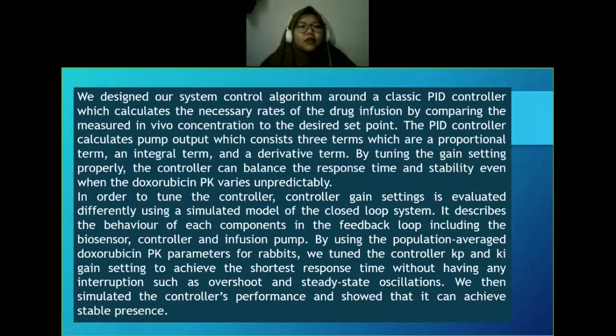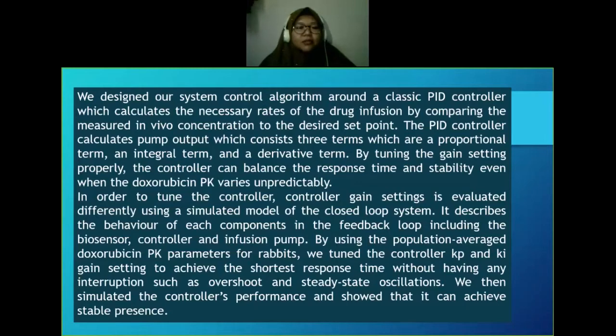So, we designed our system control algorithm around a classic PID controller, which calculates the necessary rate of drug infusion by comparing the measured in vivo concentration to the desired set point. The PID controller calculates the pump output, which consists of three terms: a proportional term, an integral term, and a derivative term. By tuning the gain settings properly, the controller can balance response time and stability even when the drug's PK varies unpredictably. To tune the controller gain settings, they are evaluated using a simulated model of the closed-loop system.